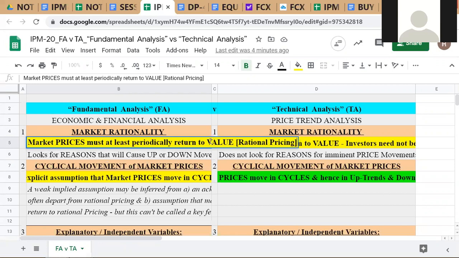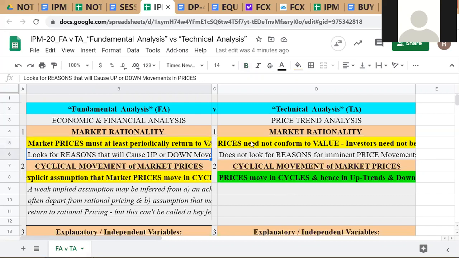Wherever you see value, value means fair value. Rational pricing is when market price is equal to my estimate of fair value. That's what is called rational pricing. And when that is not true, we say the market is irrational. Okay, so this is an assumption of FA.